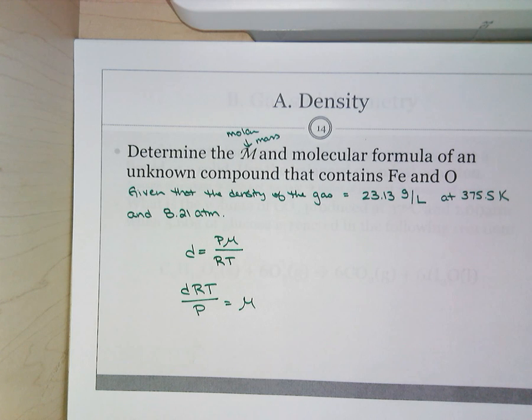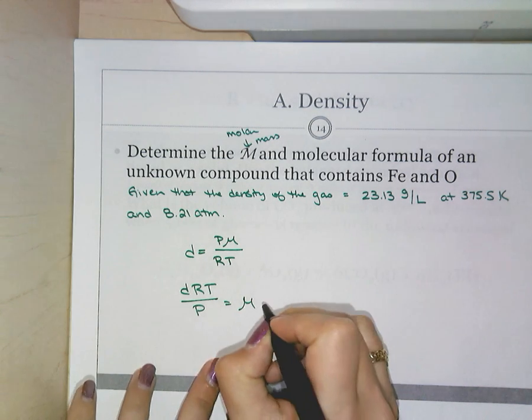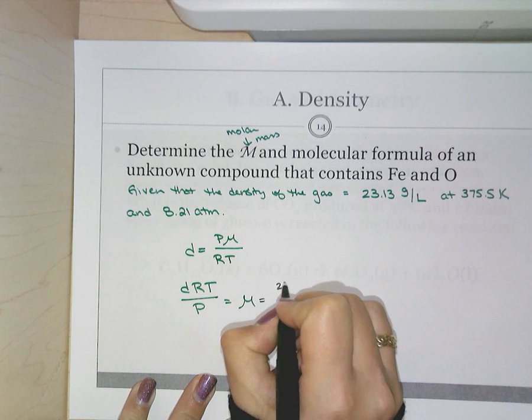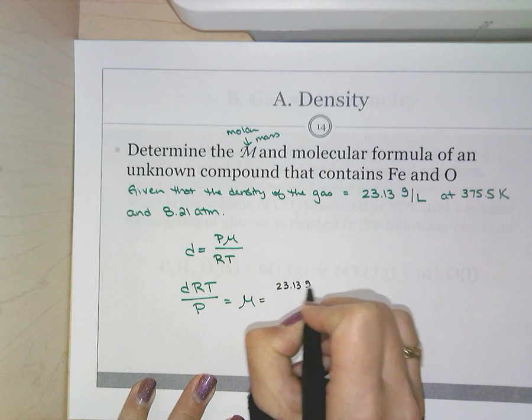I have. Let's get out our calculators because you'll need them several times today. So if you don't have them out on your bench top, you will need to fetch them out. All right, so the density was given in 23.13 grams per liter.